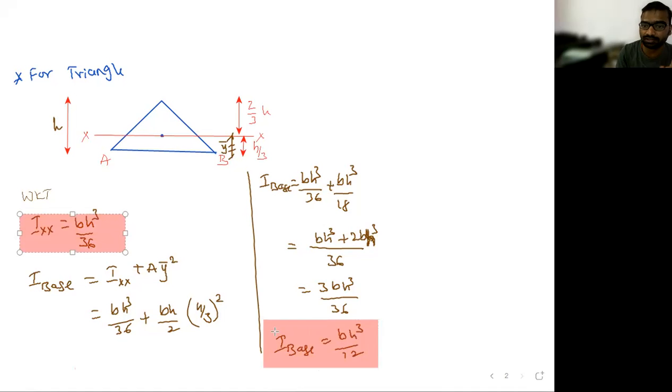But you should be very careful which point is asked, and that should be answered. Base is b.